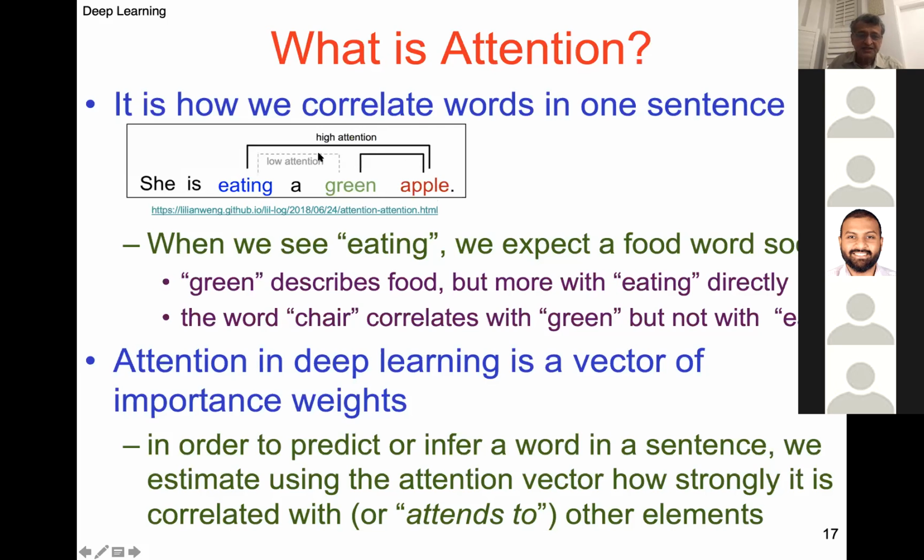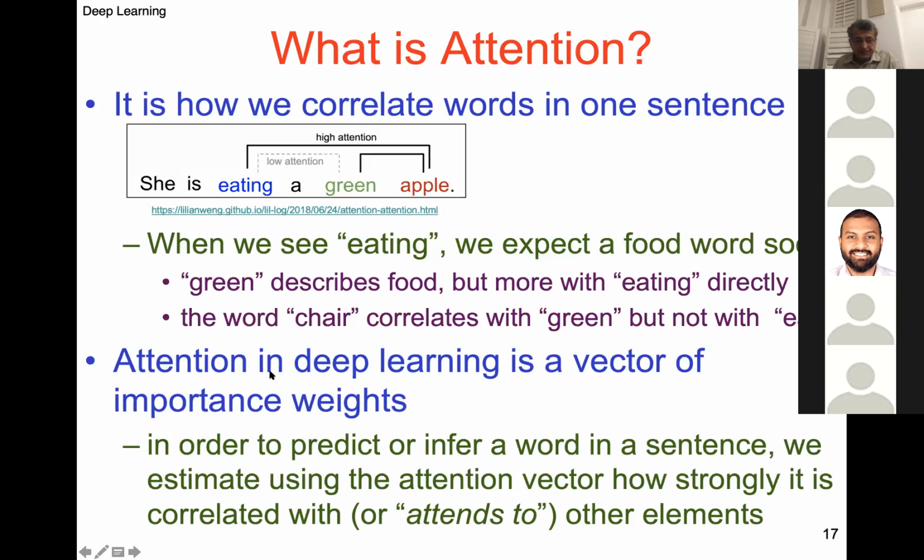Green doesn't have such a high attention value to a, or to eating, or is, or she. So we can think of a vector for each word, associating with each word its higher degree of attention. With eating, it's apple, but not so much green. This is a low value, this is a high value. So for every word, there is an attention vector associated with all the others.